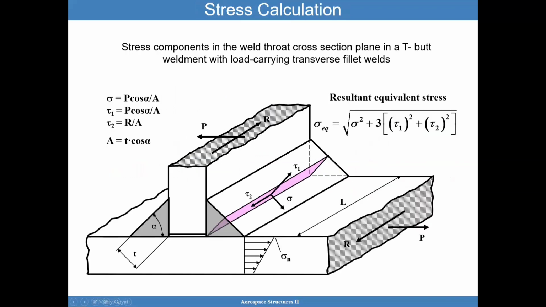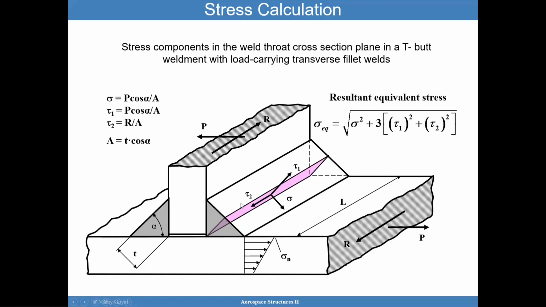I want to show you a little bit about how these analyses can be conducted using hand calculations as an example. So I have the loading here, shear load here, and in this example, I should get a reaction force just like that. And so now I'm going to consider a plane within this weld. This plane is going to have two tangential shear loads to that plane in purple and a normal stress to that plane.